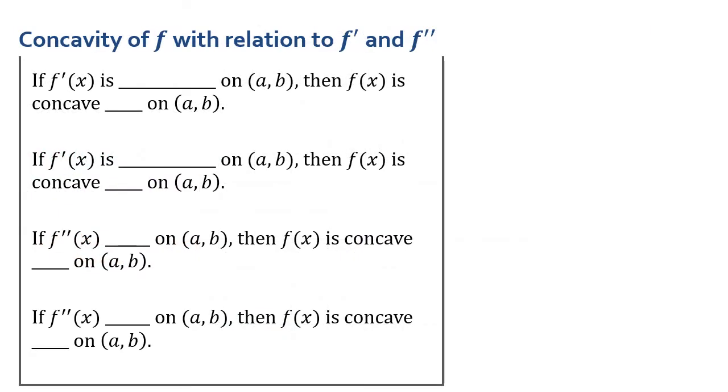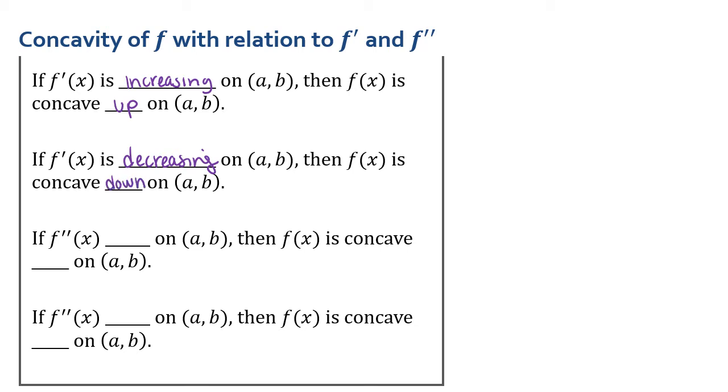Let's look at the relationships of concavity in terms of the function, its first derivative, and its second derivative. So if the first derivative is increasing, that's going to end up meaning that the original function is bending up, so that means the function is concave up. If the first derivative is decreasing on an interval, then f of x is concave down.